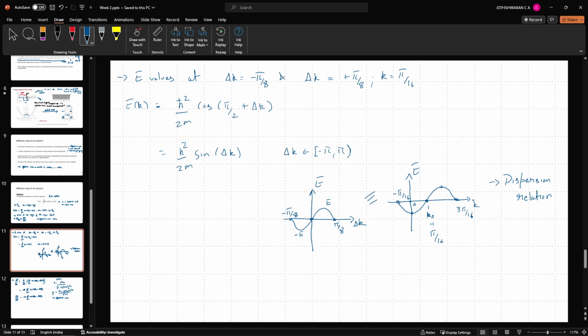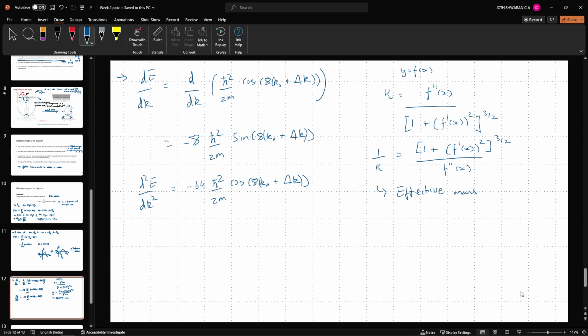Now all is correct. Coming back, these are our derivatives. Now at the maxima and minima, I know f dash of x is 0.